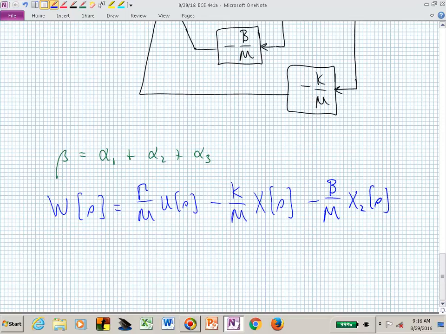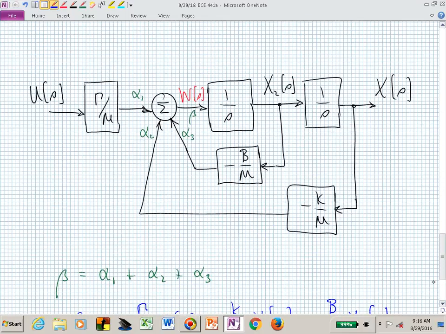Let's now make that like it was before. We want the output, capital X, over u. So that now if we go back here, we can find how to relate x sub 2 and w to find x.